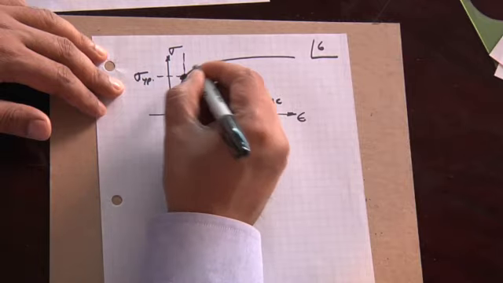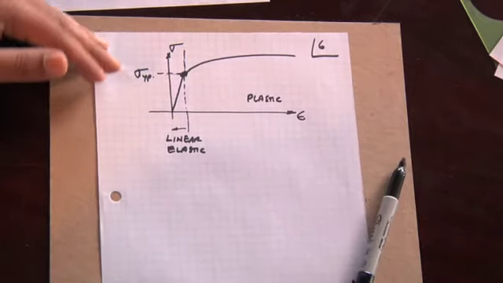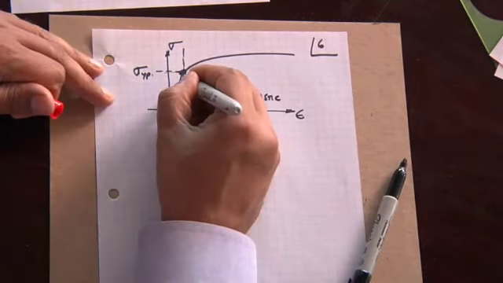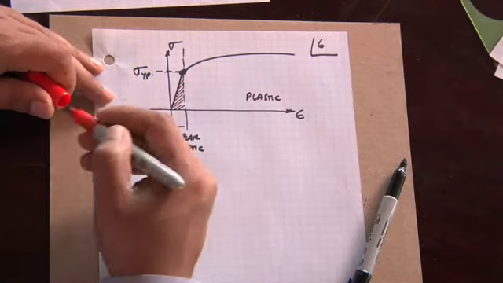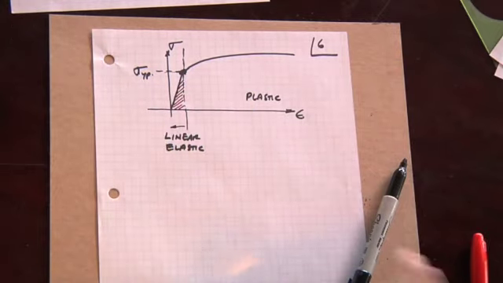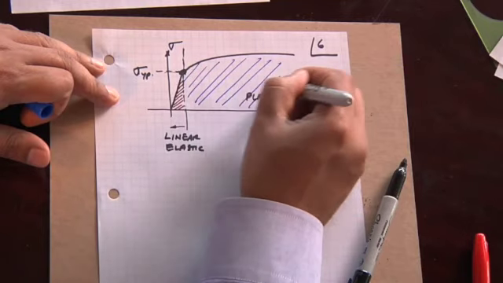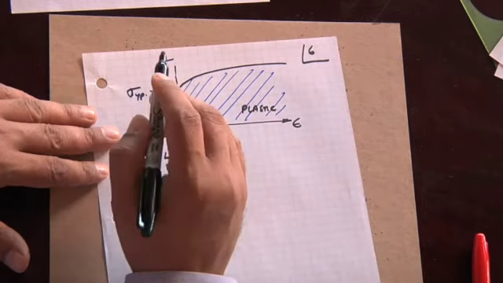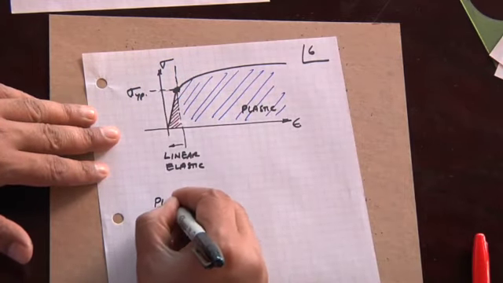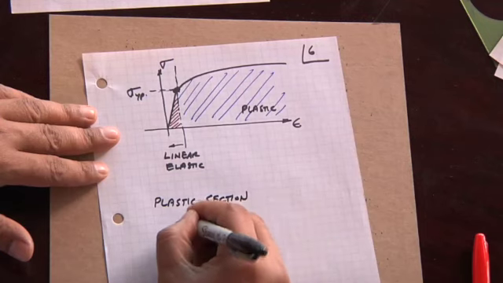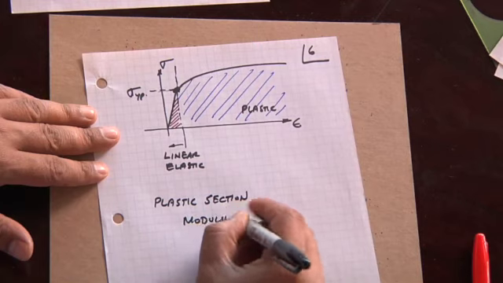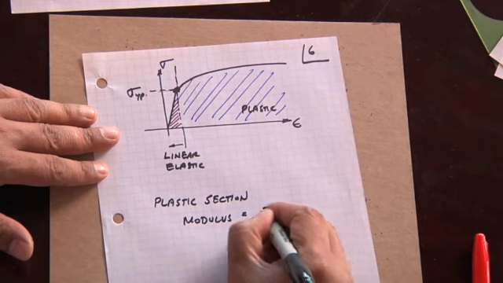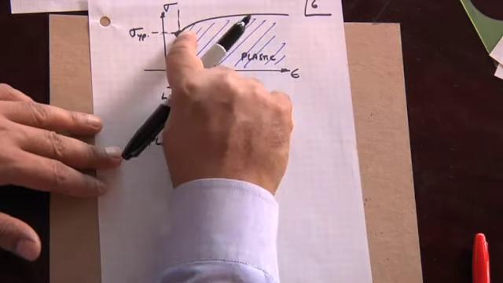This point here defines the dividing point between the linear elastic zone, which I'll label in red, and the plastic zone, which I'll label in blue. And so the plastic section modulus, which is commonly referred to as Z, refers to that yield stress.